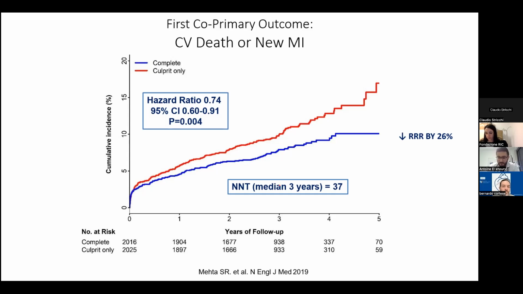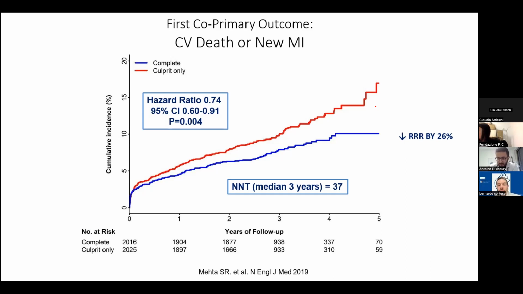At a follow-up of 5 years, we have a significant reduction, and I will explain why they ended up with this result in a later slide. But statistically, it was significant.